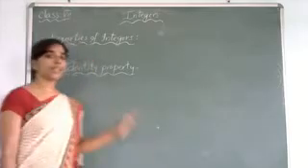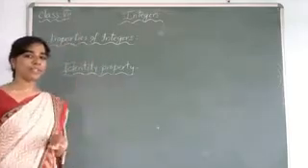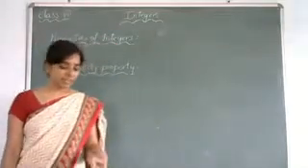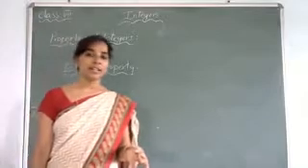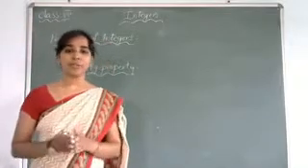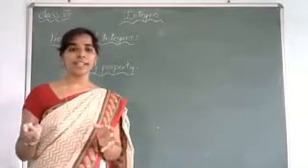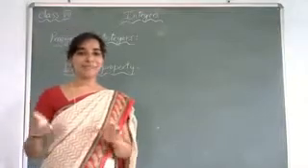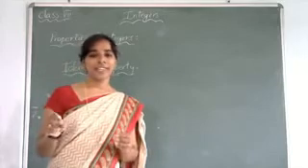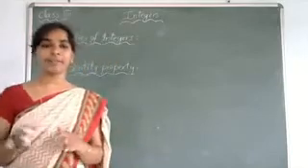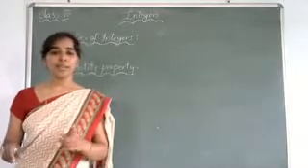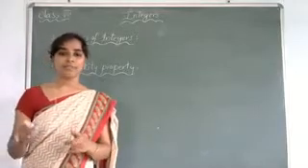So the next property is the identity property. Before that, what is identity? Do you know identity? I will tell you. Lord Rama we know. Lord Rama is famous for being ekapatni vratudu, meaning he is having only one wife.